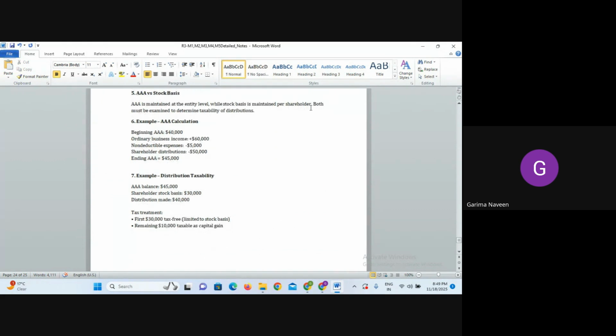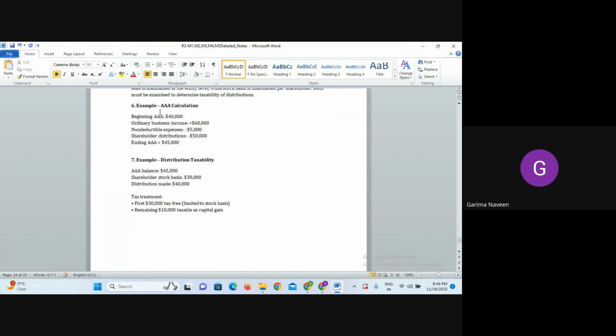So let's consider an example. Suppose you have your beginning AAA account balance of $40,000. You have your ordinary income. Since this income will add to your AAA, your expenses will deduct from AAA, and your distribution will also deduct from your AAA account. So 40 plus 6 is 46, and if you subtract the 5,000 expenses, it will give you $41,000.